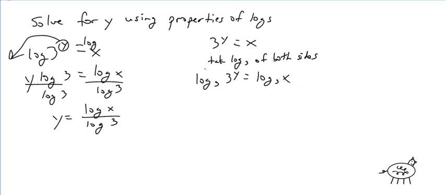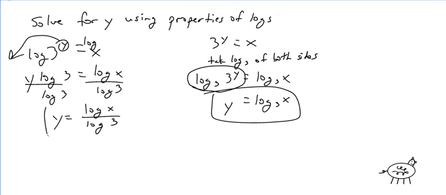And if you look back at our property, log base 3 of 3 to the y is just y. So y equals log base 3 of x. And you're like, well, wait a second, that's not the same as that. Well, sure it is. Let's change the base. So I can write it as y equals log of x over log of 3. So these are equivalent. Okay, it's very exciting.